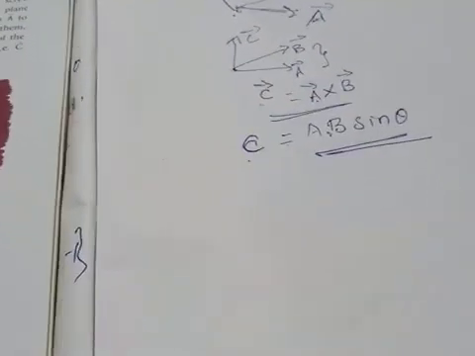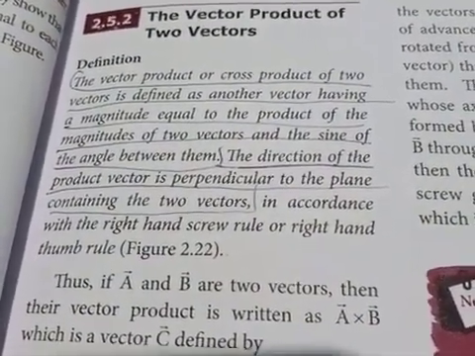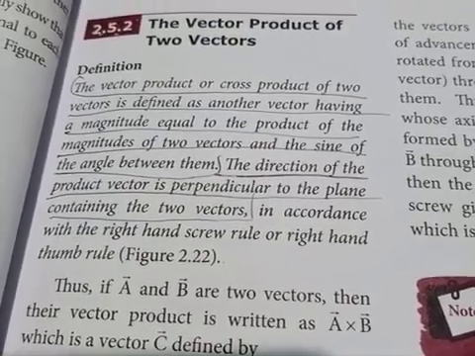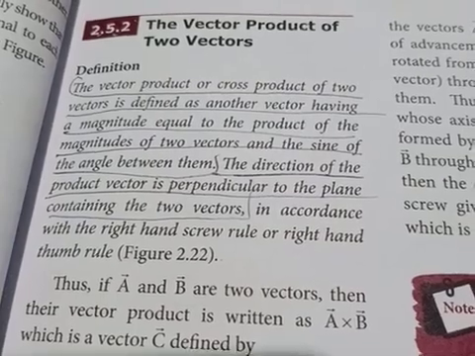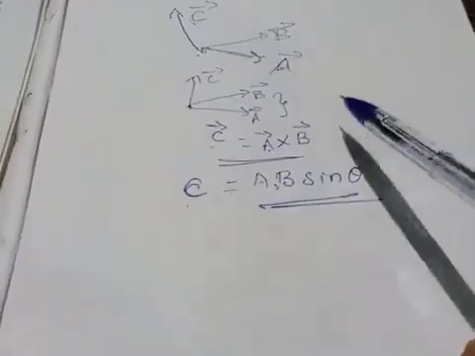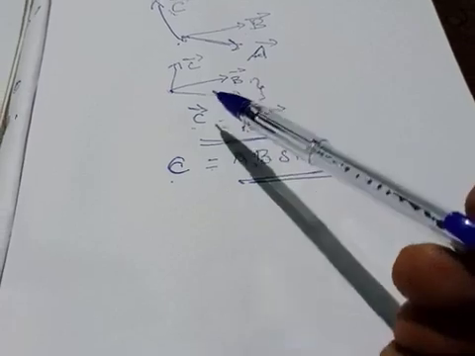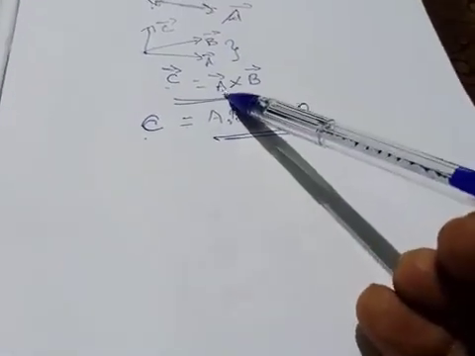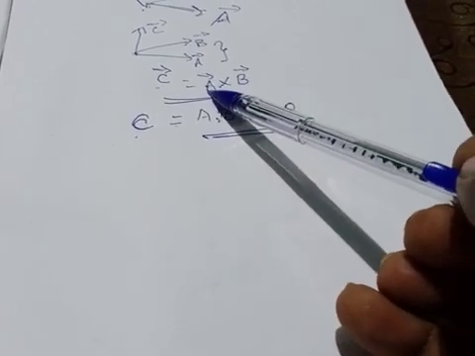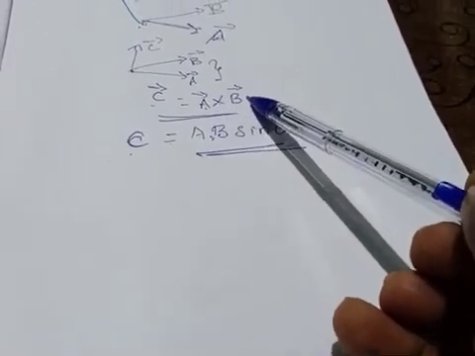Now let us see this definition. Vector product or cross product of two vectors is defined as another vector having a magnitude equal to the product of the magnitude of two vectors and the sine of the angle between them. This is what I explained here also. Vector product or cross product, A cross B, or you can tell A vector cross B vector.